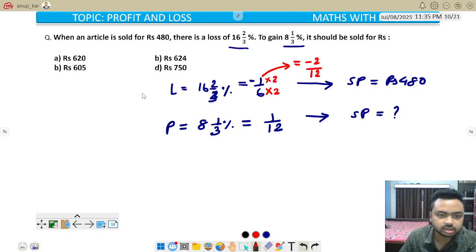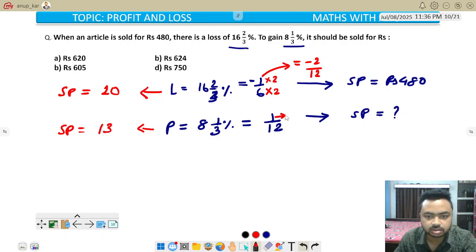So here in this case, my selling price ratio will be equivalent to 12 minus 2, that is 10. Here my selling price ratio will be equivalent to 12 plus 1, that is 13. Why 12 plus 1? Because this is my profit and this is my cost price. So selling price equals cost price plus profit, and here selling price equals cost price minus loss. Okay, I hope it is clear.